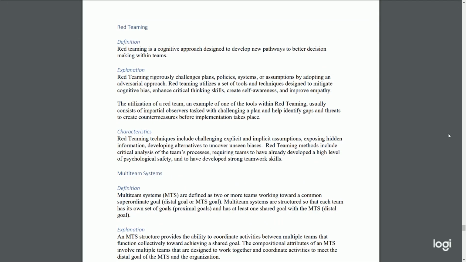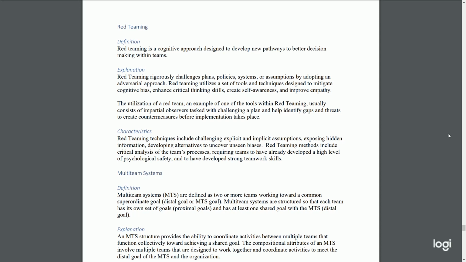Red teaming. Definition. Red teaming is a cognitive approach designed to develop new pathways to better decision-making within teams. Explanation. Red teaming rigorously challenges plans, policies, systems, or assumptions by adopting an adversarial approach.